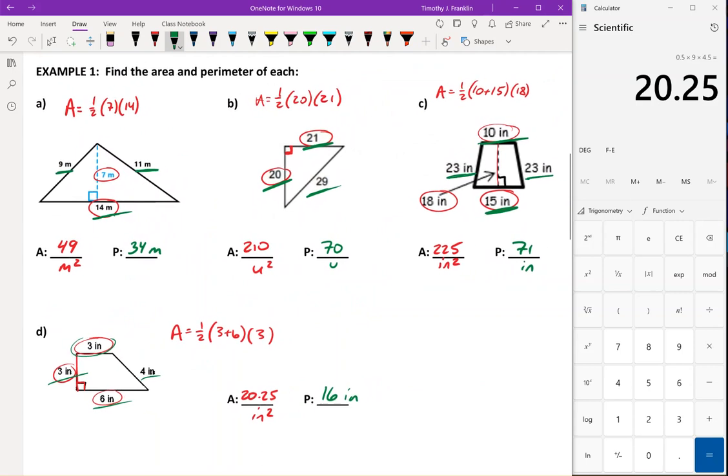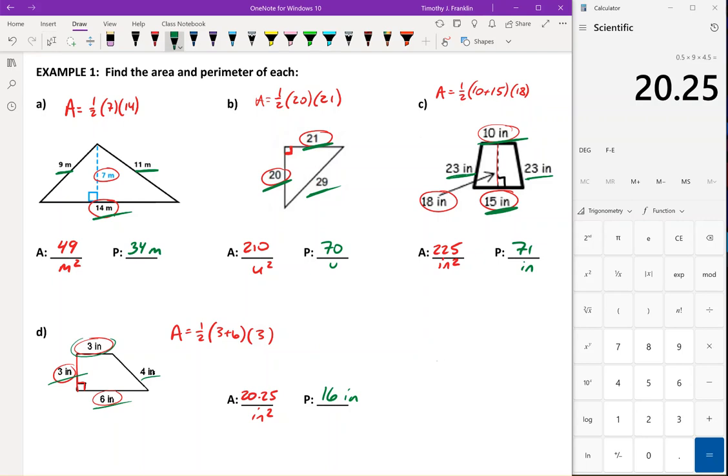Okay, so there's some quick examples there. Triangle, 1/2 base times height. Trapezoid, 1/2 bases times height. Add the bases together. And remember, the height is always the perpendicular distance from the base. So in a triangle, it's the distance between the base and the opposite point, or the corner that the side isn't touching.